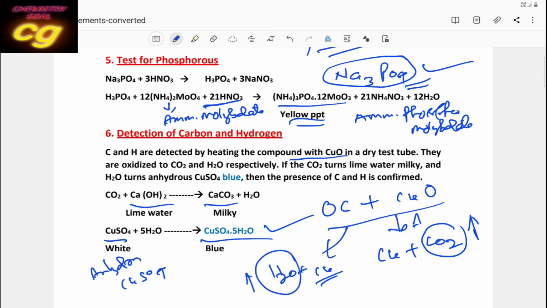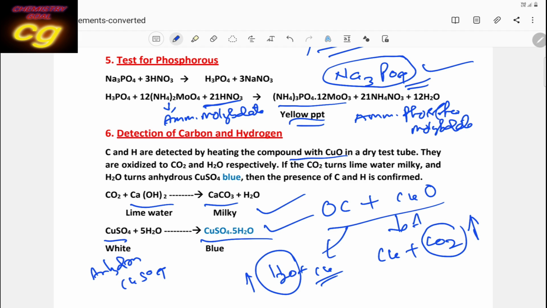Similarly, when you pass the gas to the lime water, if lime water changes to milky, it indicates the formation of calcium carbonate, which indicates the gas produced from heating the organic compound and copper oxide contains carbon dioxide, because carbon dioxide generally turns lime water milky. That indicates that the organic compound contains carbon and hydrogen.